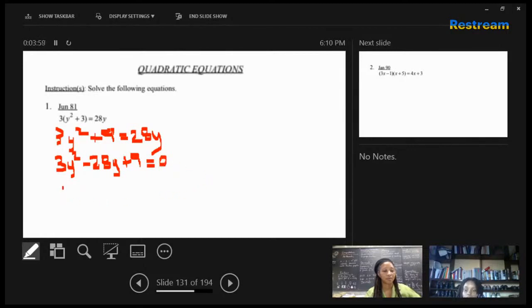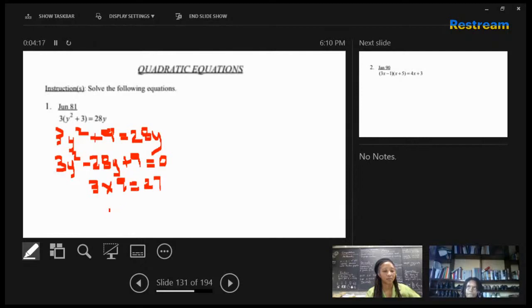So now we are going to multiply the 3 and the 9 to get 27, and we're going to find two factors of 27 that add to give negative 28.